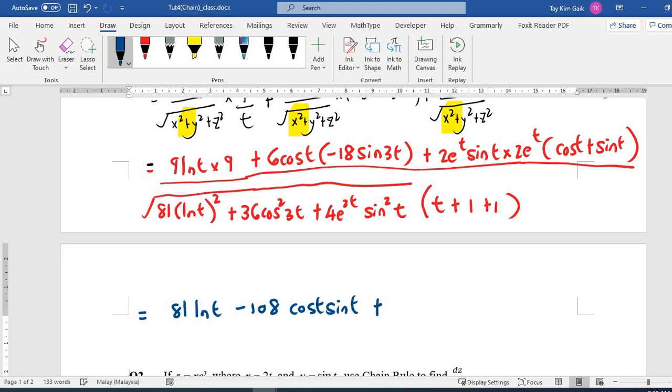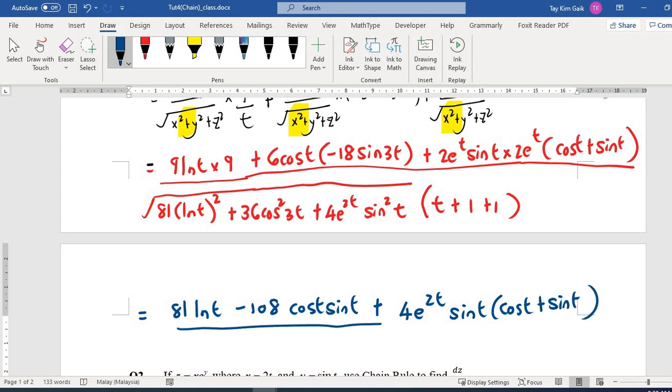The numerator 2, so it's 4 exponent 2t: 2 times 2 is 4, exponent t times exponent t is exponent 2t. So you have sin t, bracket, cos t plus sin t. And then divided by the denominator, which is the square root term.